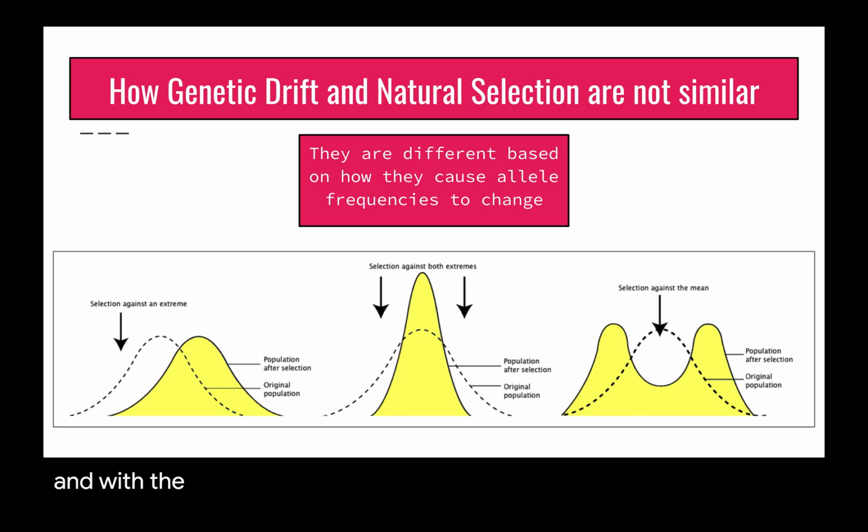And with the bottleneck effect, there is an extreme amount of change based on how the population is affected. Like I said, earthquakes and fires can affect the environment, which then displaces the animals that are surviving in it. And then, as we can see from natural selection, antibiotic resistance is a very key component in how humans survive. So, overall, that is how they are not so similar.